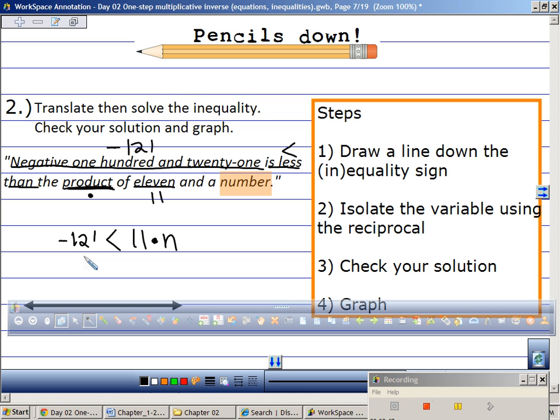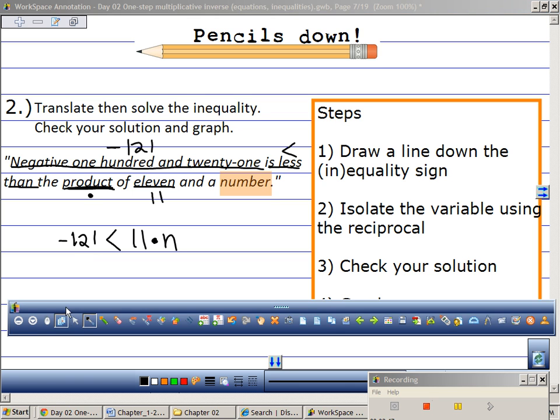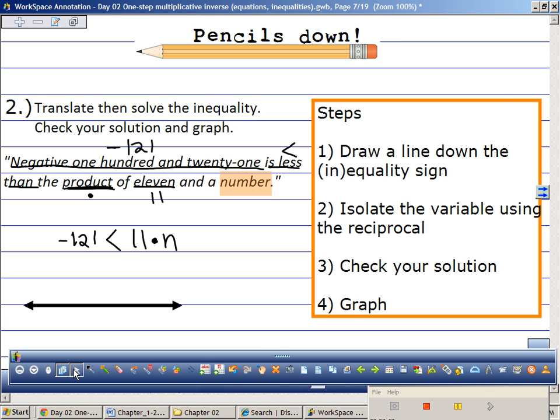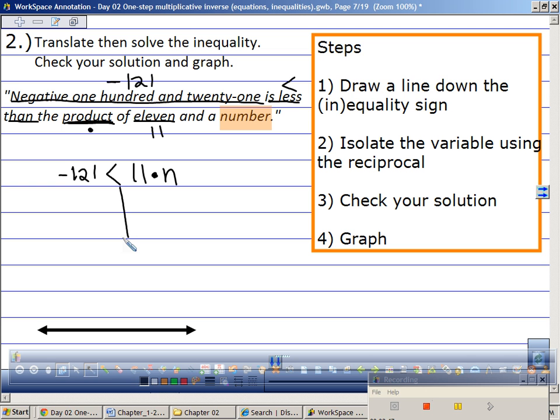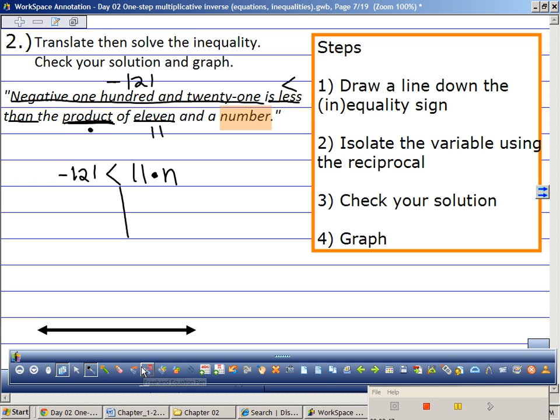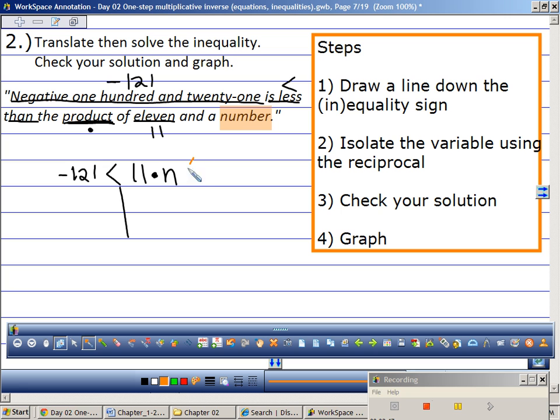All right, so let's draw a line down to do the exact same steps now. Move this down here, and draw my line. Isolate the variable using the reciprocal. The reciprocal of 11 is 1 over 11.